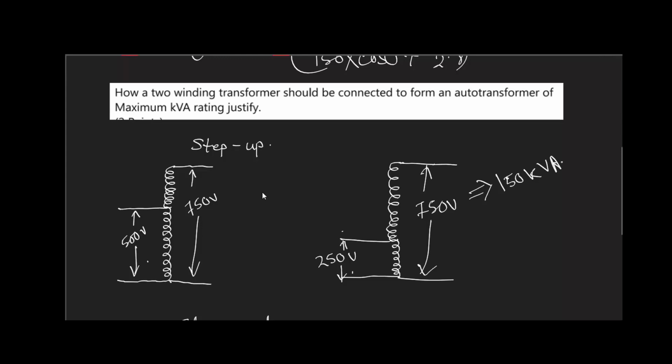However, here if we analyze how much we will get, if this delivers the full current, how much current can this 250 volt winding deliver? That is 400 ampere. So total output kVA would become something like 300 kVA.